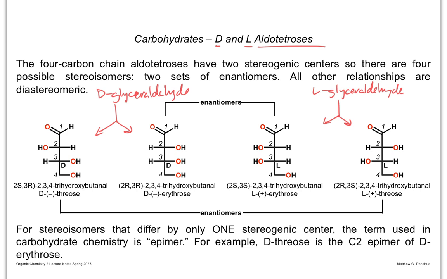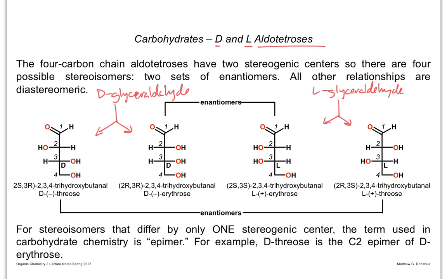So one way of reducing the mental burden of this, we use another stereochemical name called epimer. An epimer is a stereochemical relationship where only one CIP designation has changed.